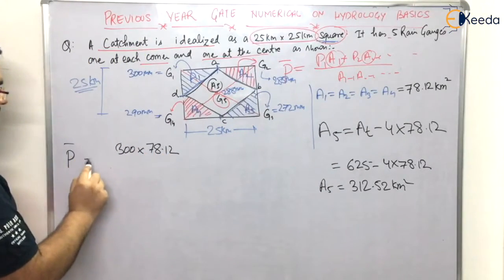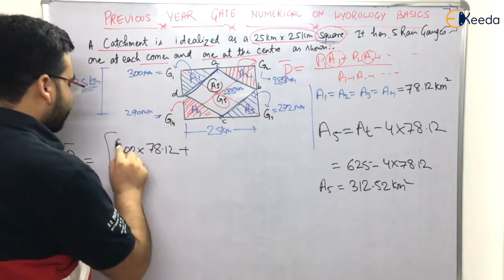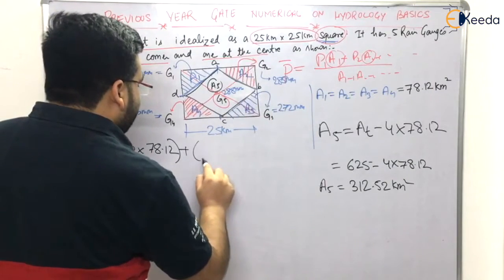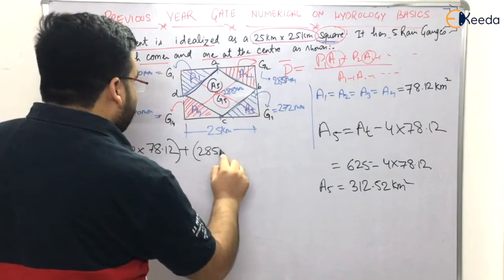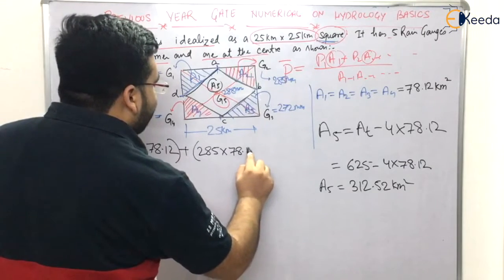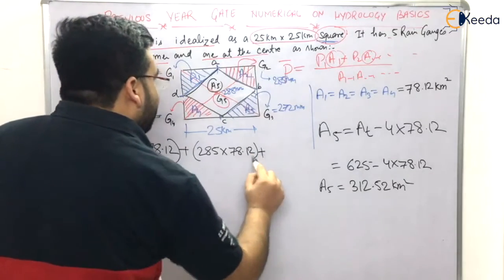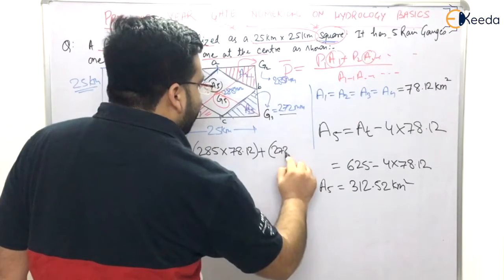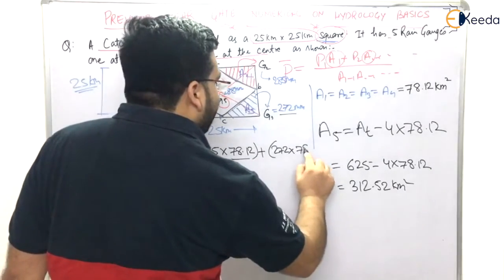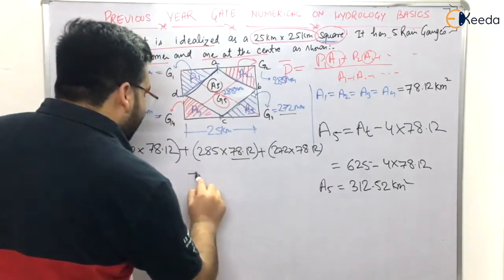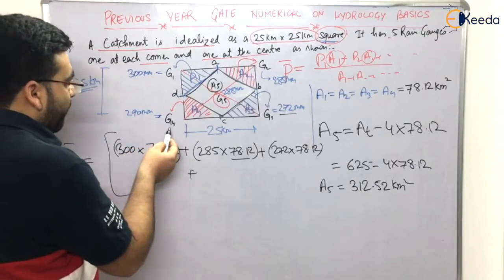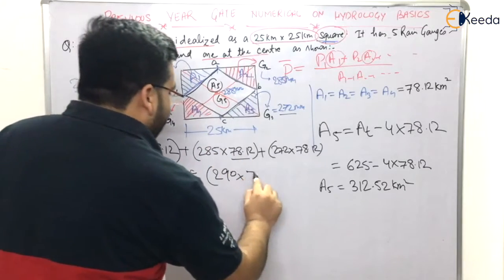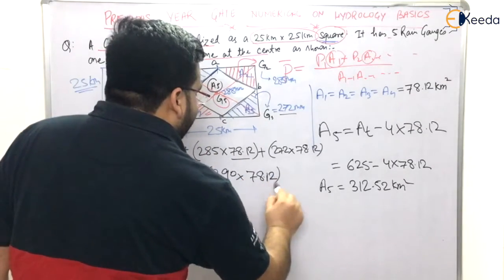So P bar will be equal to 300 into 78.12, plus for G2 the precipitation is 285, same area into 78.12, plus for G3 272, same area 78.12, and plus the fourth station 290, and the area will be the same, 78.12, and plus the fifth one.